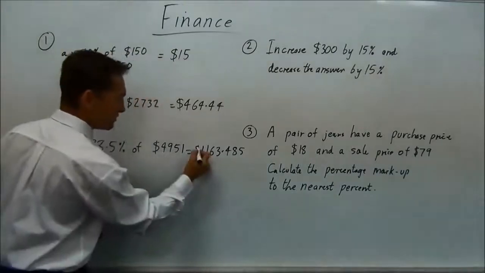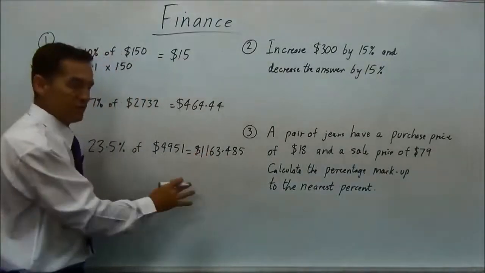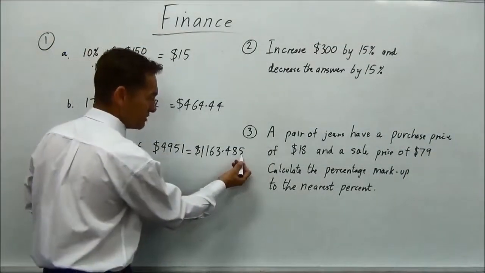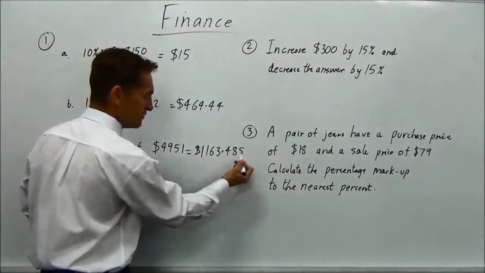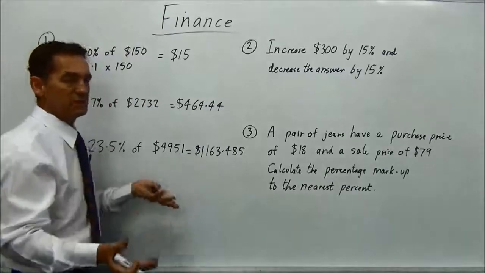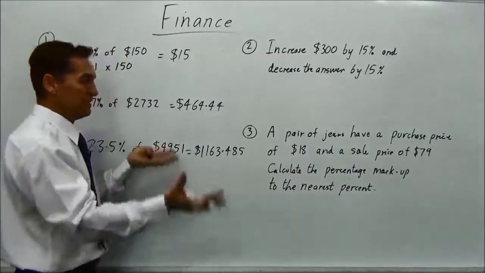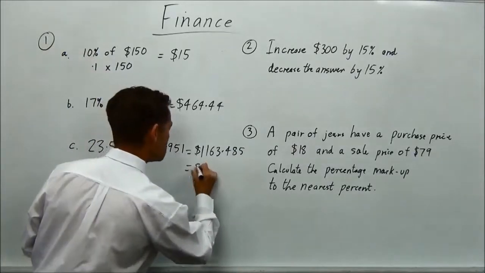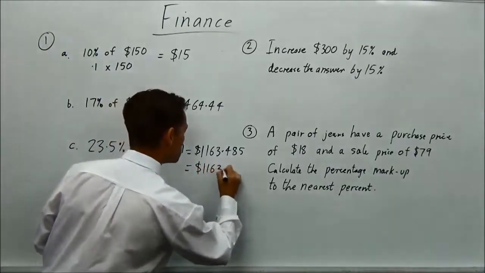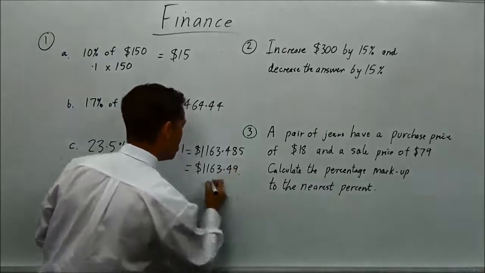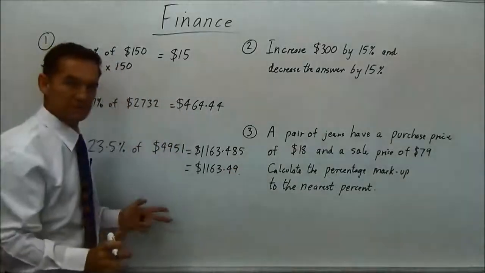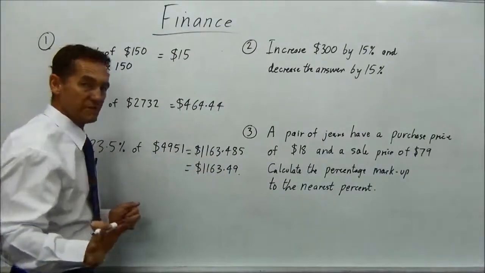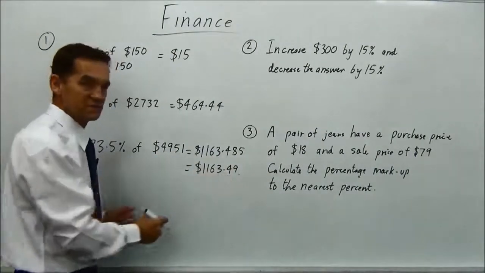You can't leave an answer like that because you'd lose half a mark, because there's no such thing as 0.485 in dollars. There is in high finance, yes, but in this course, what you need to be answering is exact cents. So 1163.49, 49 cents. That's a good answer. So that one probably would lose you half a mark for not rounding to the nearest cent.